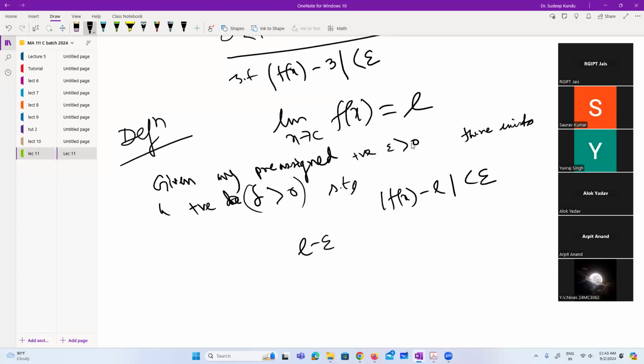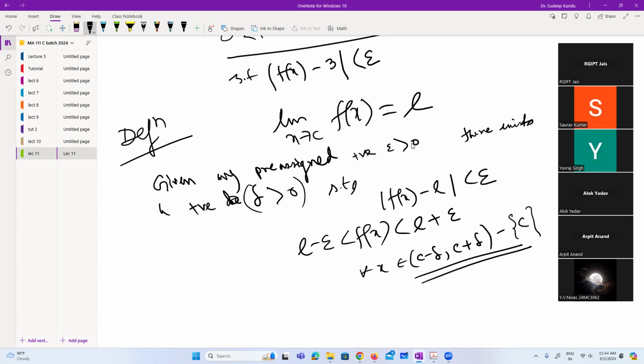That means L minus epsilon is less than f of x, less than L plus epsilon, for all x in this neighborhood. So this is the delta neighborhood of c, right? Is it clear?